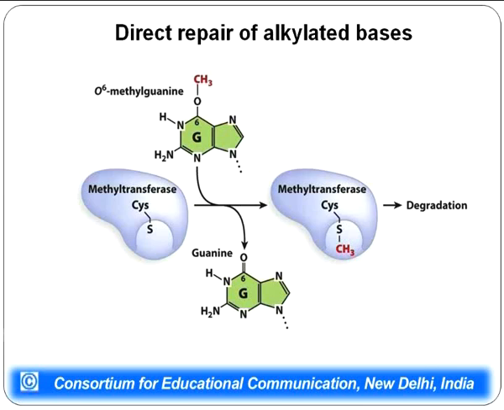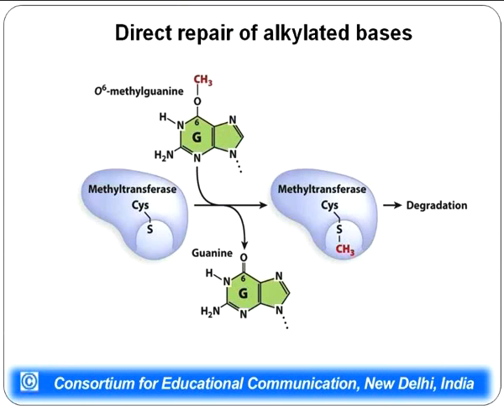Whenever there is a very large quantity of methyl transferases which have been blocked by addition of the alkyl groups, this acts as a signal for the cell to enhance the expression of the methyl transferase gene. Whenever there is severe damage, that means methyl transferase will be having more alkyl groups, more of the methyl transferases will be inactivated, and this is the signal for the methyl transferase gene to start expressing itself.